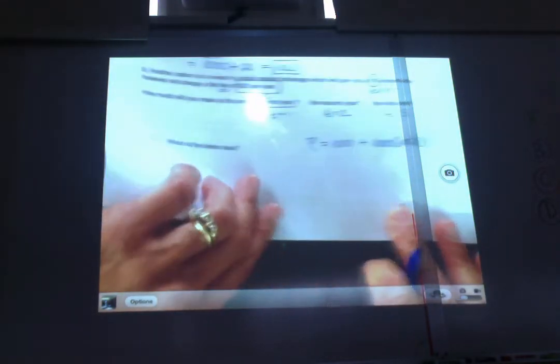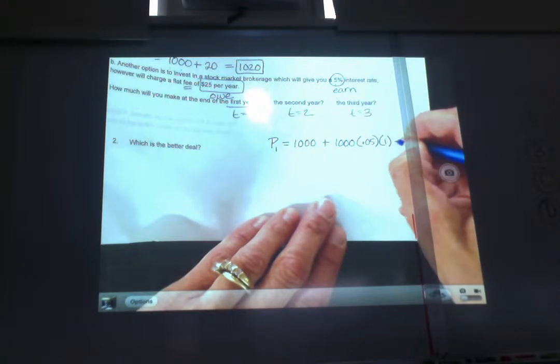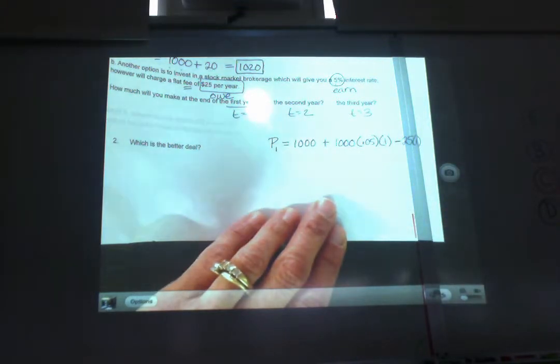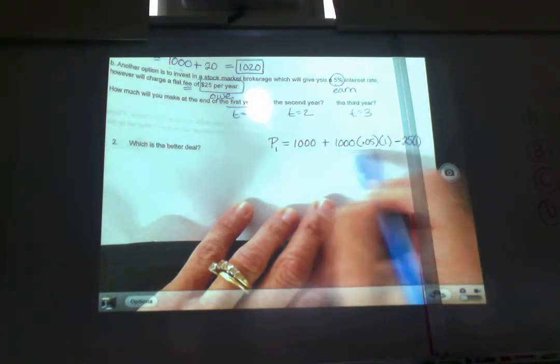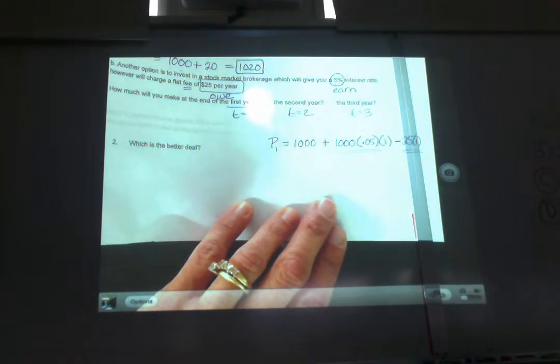But now the charge is something I have to subtract: 25 per year, so 25 times 1 for the first year. Interest is something I'm earning, but this flat fee is something I'm losing. Let's see what happens.